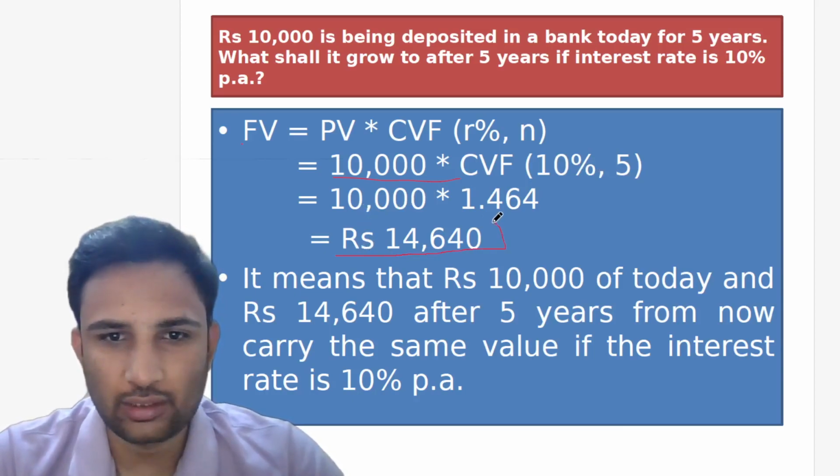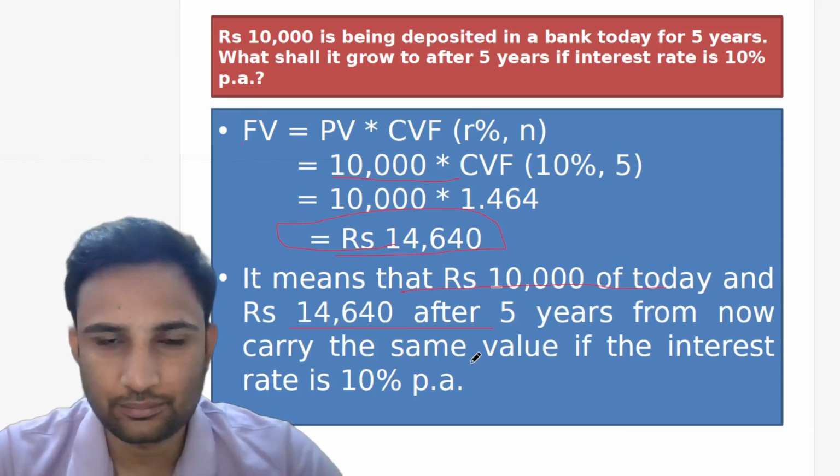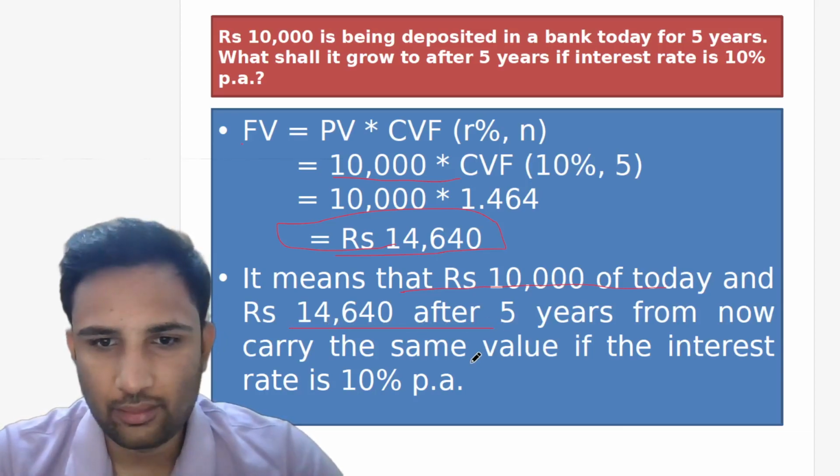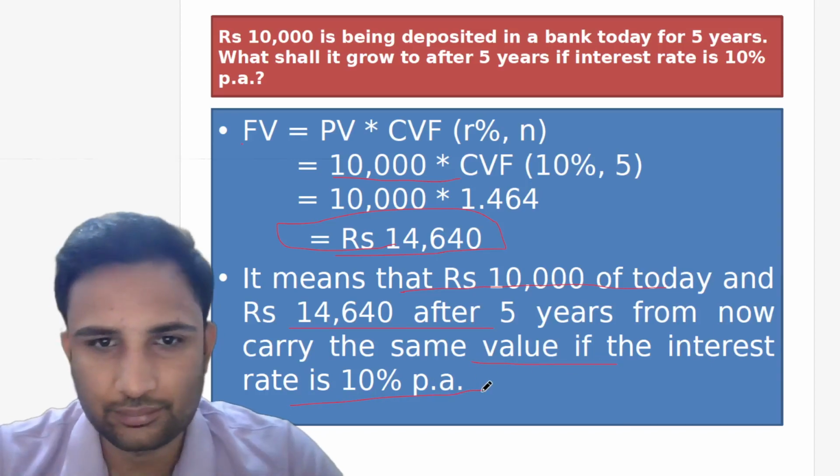So the answer is 14,640. It means that rupees 10,000 of today and rupees 14,640 after 5 years carry the same value if the interest rate is 10% per annum.